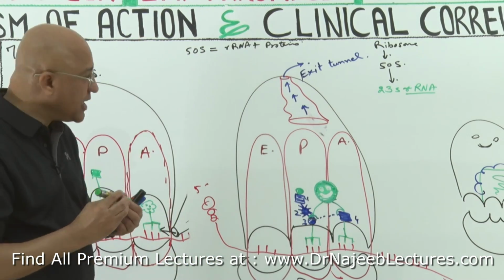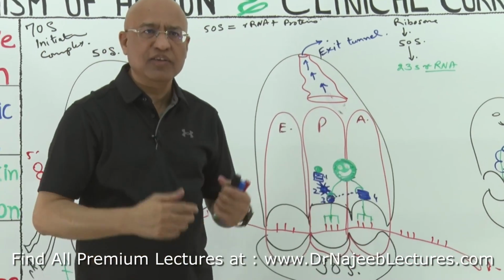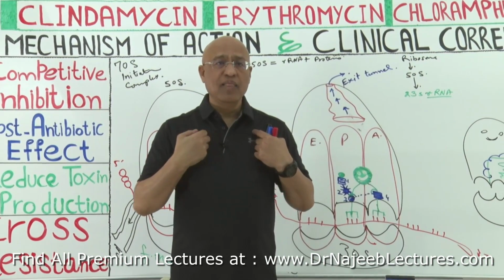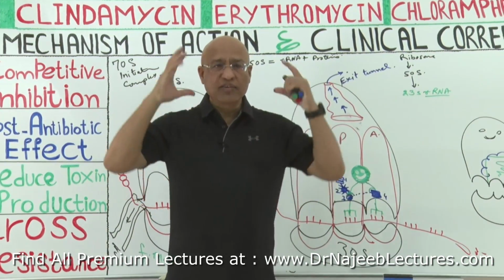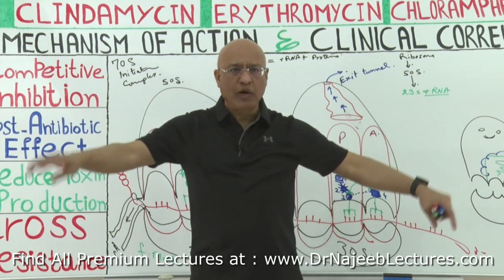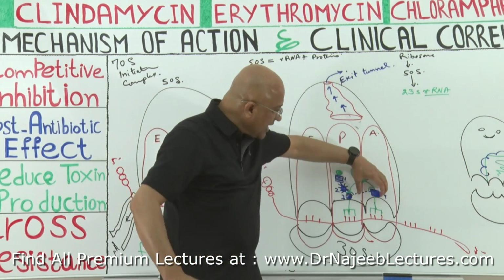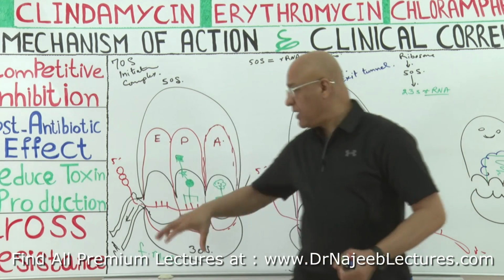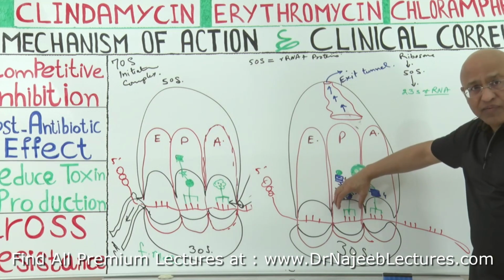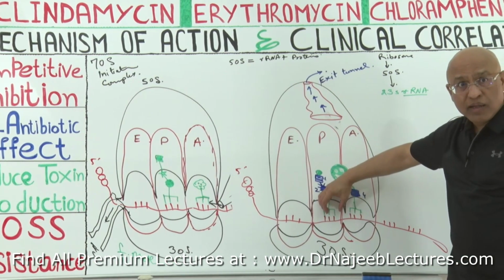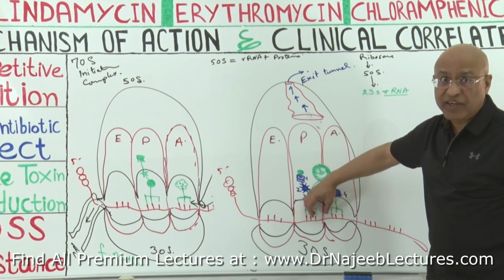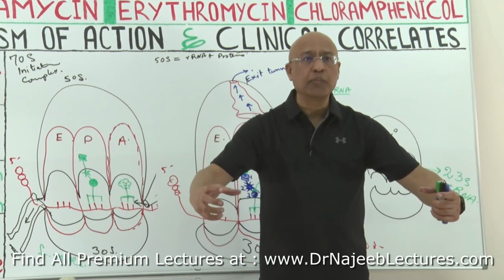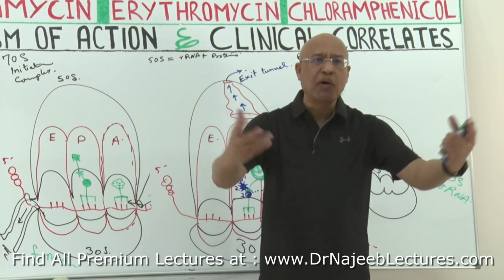The 23S ribosomal RNA has two functional domains. Just imagine I am the 23S ribosomal RNA, this is my head and these are my two functional domains. In one domain I will grab this incoming amino acid, and in the other domain I will grab the amino acid from the newly formed peptide chain, and I will bring them together, align them and help them make a bond.